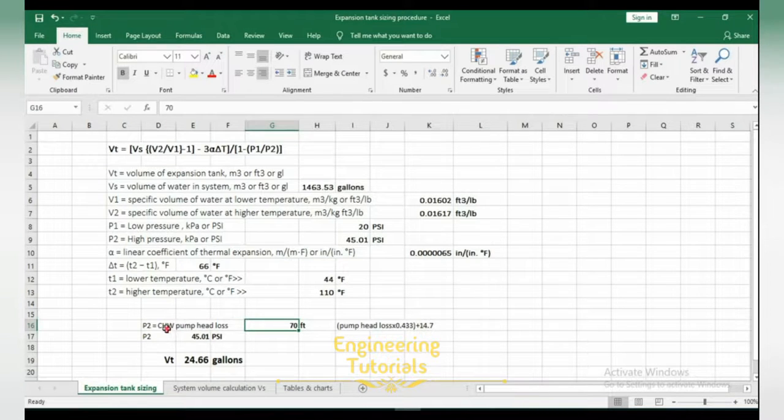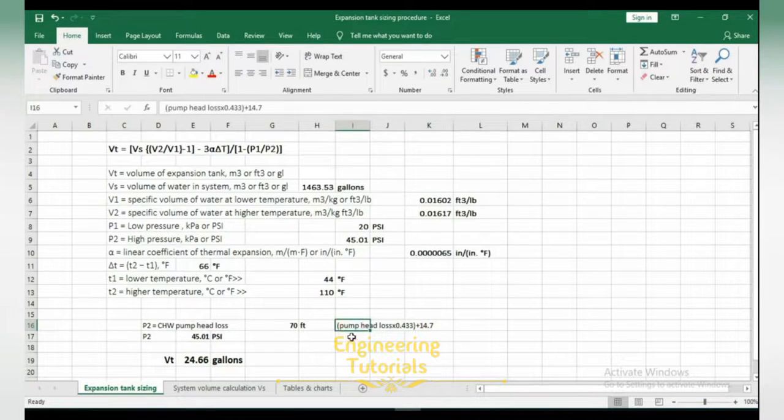So let's say the pump head which we have calculated is 70 feet. We need to convert this into PSI. In order to convert this into PSI, you need to multiply this chilled water pump head by 0.433, and you need to add 14.7 in order to convert from absolute to gauge pressure.